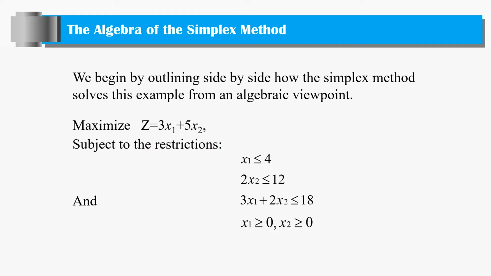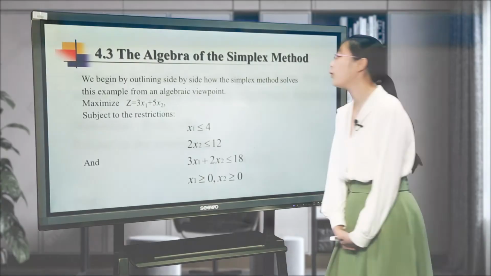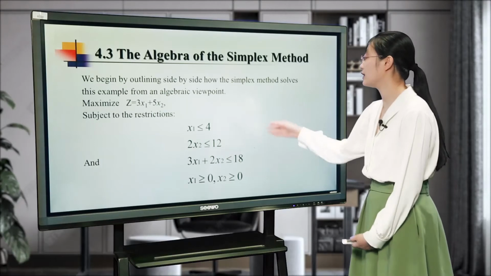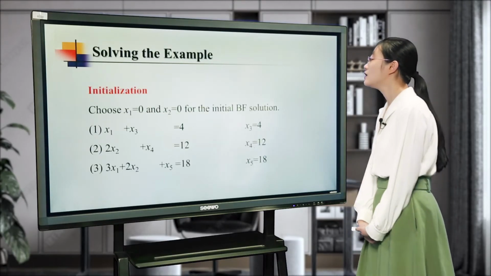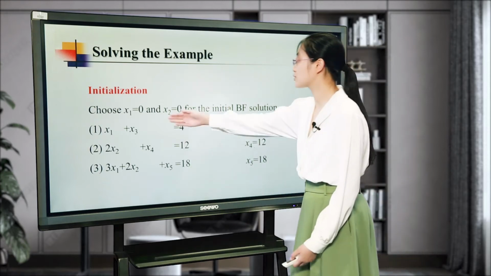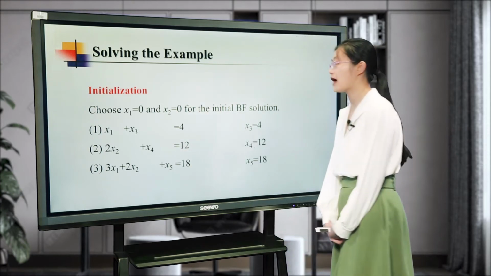Let's look at an example of how algebraically the simplex method works. To start the simplex method, as we said, given a linear programming problem with all the constraints, we first need to put all the inequalities to equations by introducing slack variables. So by introducing slack variables, we have x3, x4, x5.